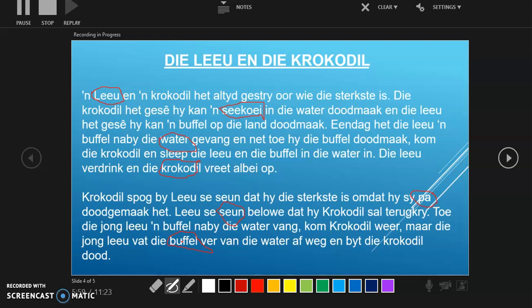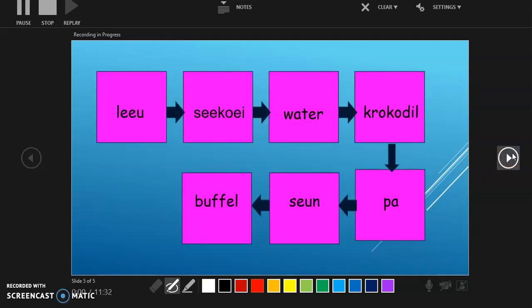Right, now we are going to take these 7 words and we are going to put it in a flow diagram. And this is something that you can draw up yourself. So there's our flow diagram. Because we identified 7 words, there will be 7 blocks. 1, 2, 3, 4, 5, 6, 7.